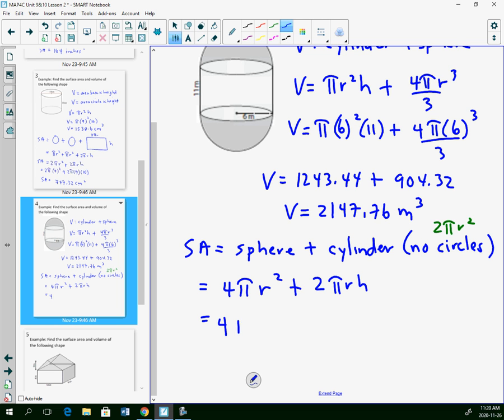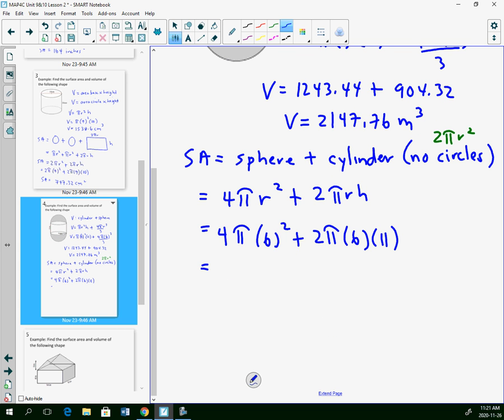And then we'll put in our values and type this into the calculator to get our totals and then add it up. Okay, so the total surface area is 866.64. Remember that surface area is covering the outside. It is not covering anything that's on the inside.